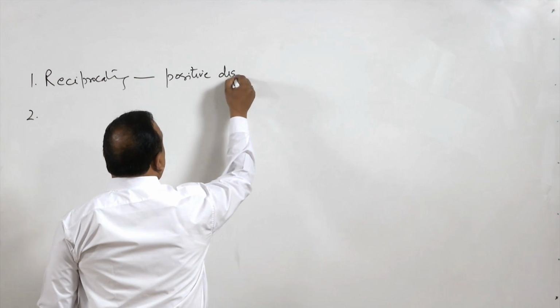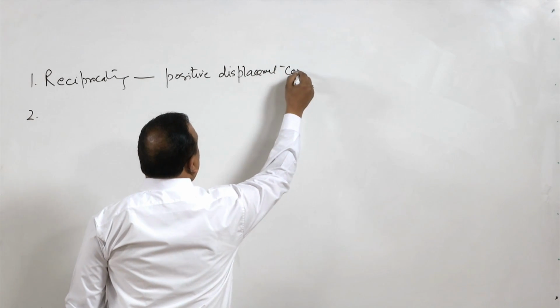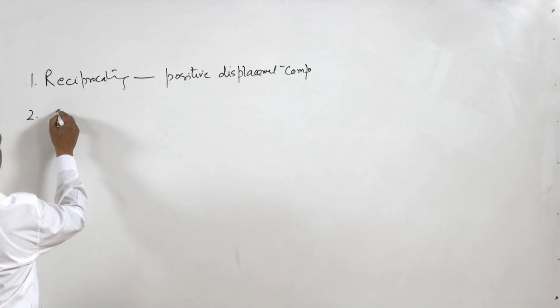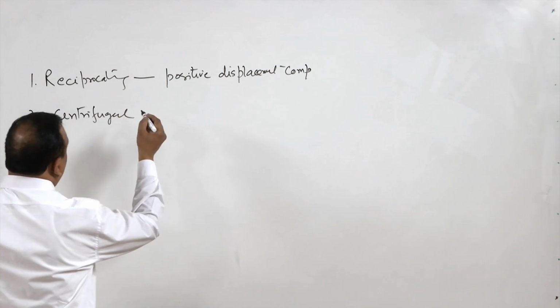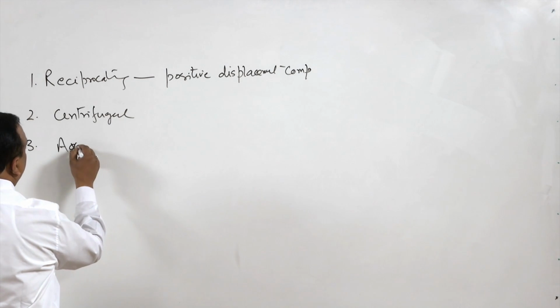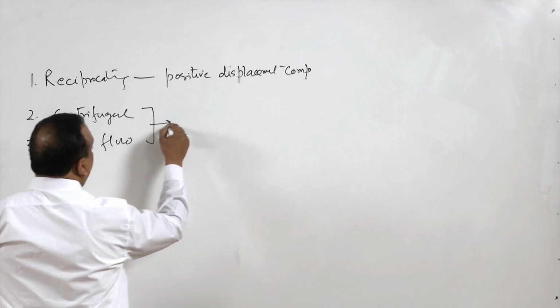Another type is centrifugal compressors. And the third one is axial flow compressors. And these are known as dynamic.